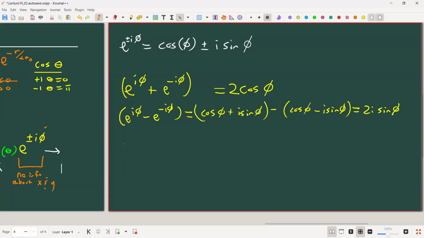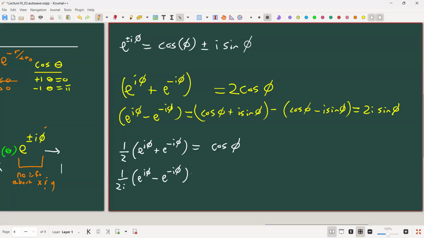So if I take 1/2 e to the i phi plus e to the minus i phi, I get a real function, cosine. And if I take 1 over 2i e to the i phi minus e to the minus i phi, I get sine of phi.